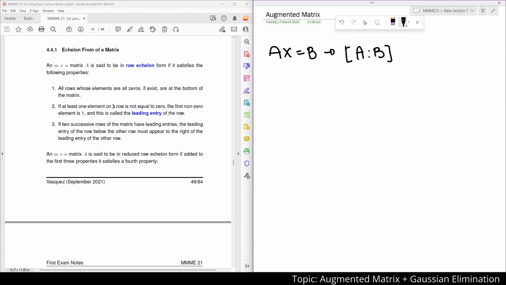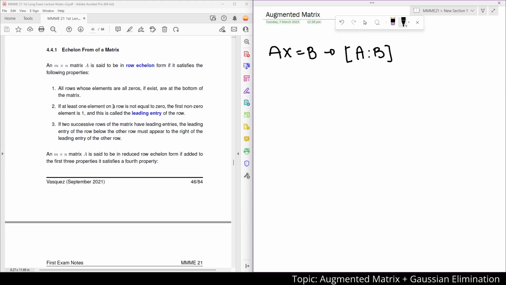Second property, if at least one element on a row is not equal to 0, the first non-zero element should be 1, and this is called the leading entry of the row. And third, if two successive rows of the matrix have leading entries, the leading entry of the row below the other row must appear to the right of the leading entry of the other row.